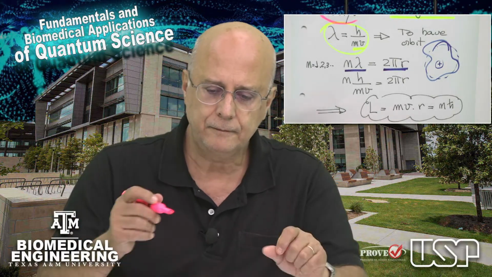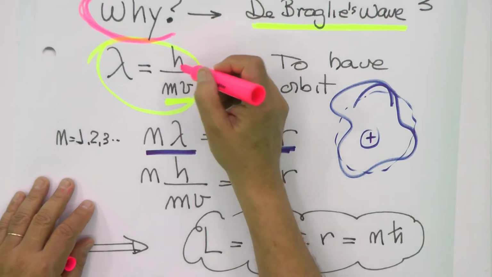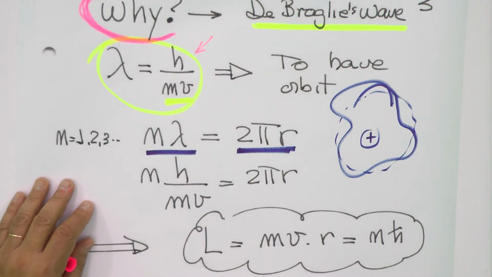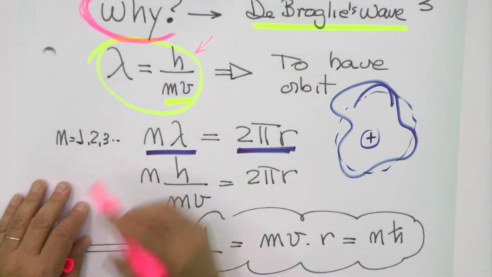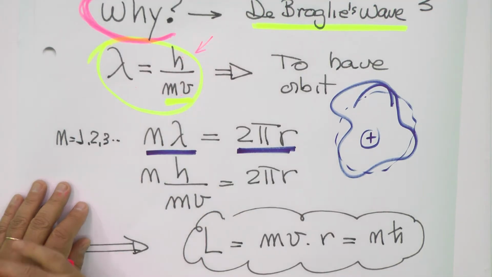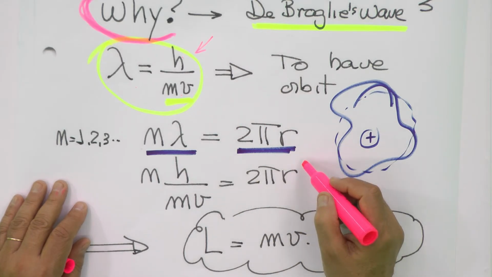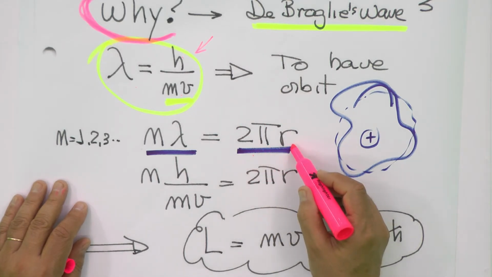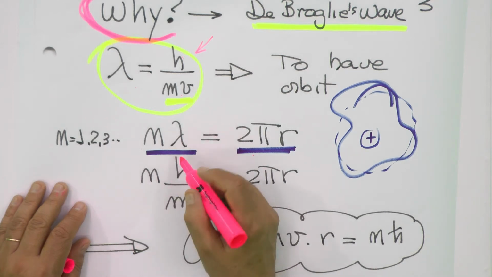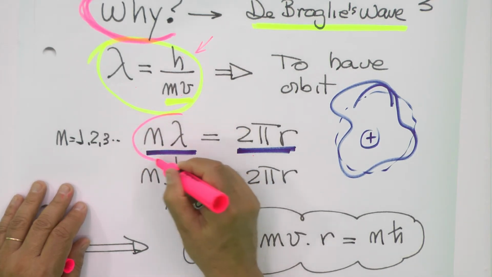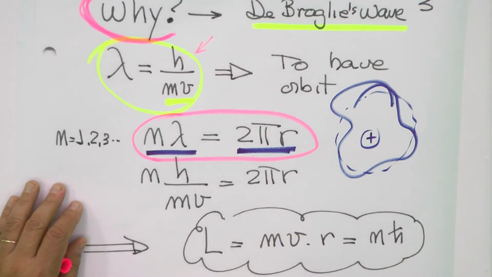Okay. So let's consider that the electron is a de Broglie wave. Therefore, the wavelength is h divided by mv. And in one orbit, the size of the orbit, which is 2 pi times the radius of the orbit, must be an integer number of lambda. Right?